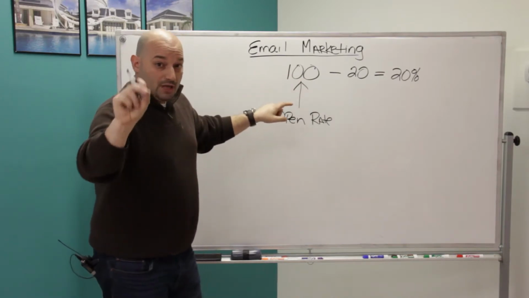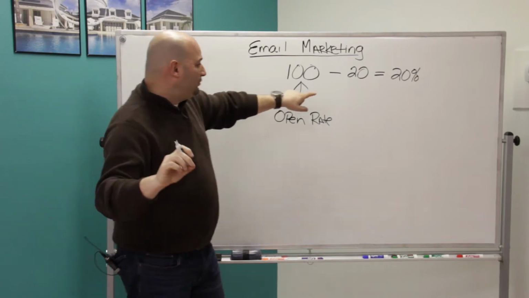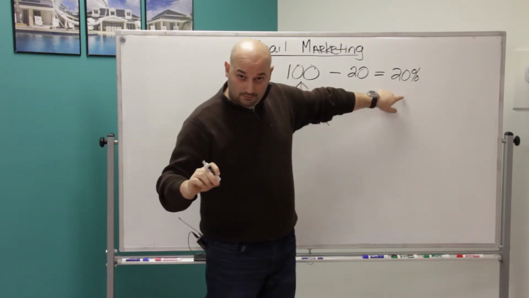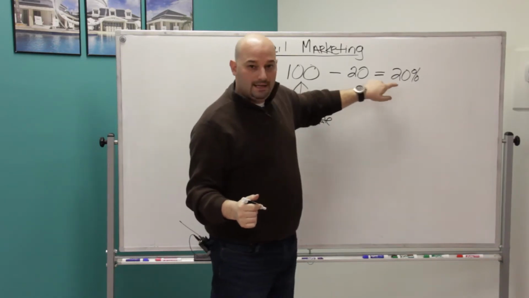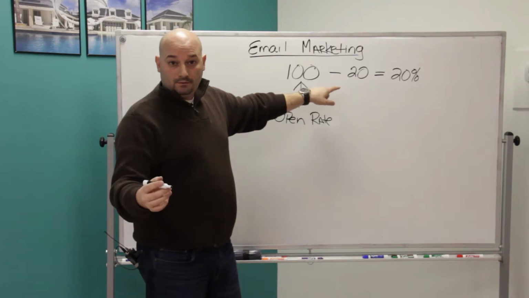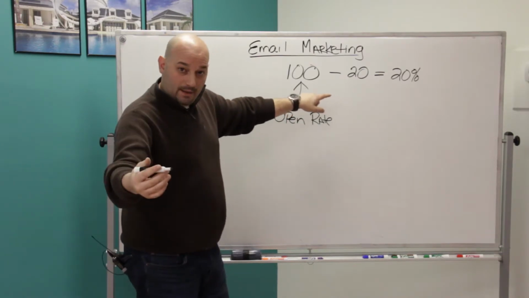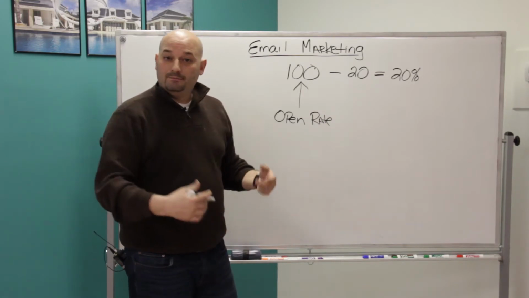But your job as a food blogger is to get this rate as high as possible. Because the higher that you can get this, the more people that see your emails, right? So the more people that see your emails, the more chance you have of sending them to your blog.